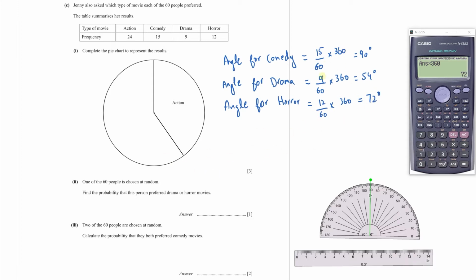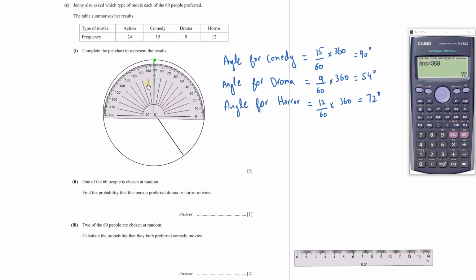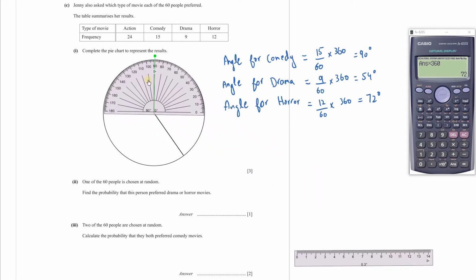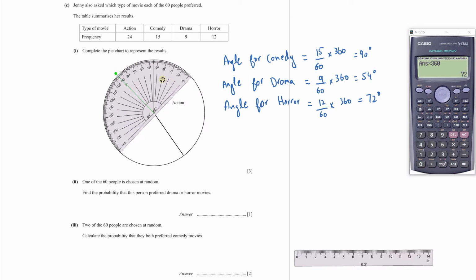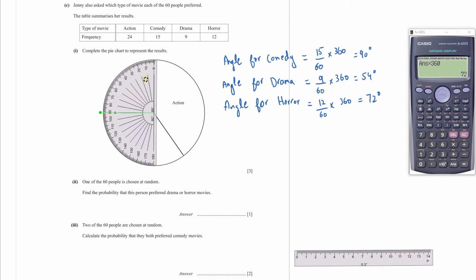So now you can draw these sectors in this pie chart. You can either start from this side or this side. I'll start from here. The first sector that I'll mark is for comedy, which has an angle of 90 degrees. So I'll use my protractor here. If this is the 0, I'll center it here, and this will be my 0 degrees, the vertical line.